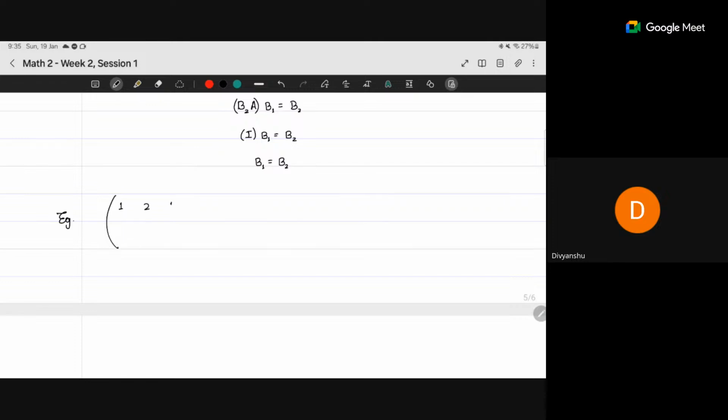Let's do 1 2 1, 3 1 2, I don't even know if this will be a good matrix. Maybe the computations will be ugly, but let's go with it anyway. As long as the determinant is not 0, I'm fine.